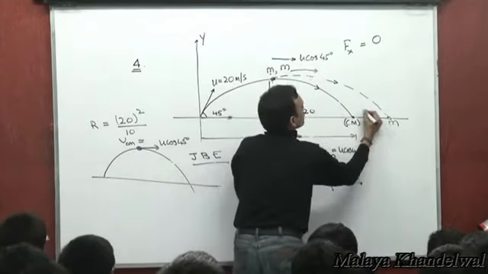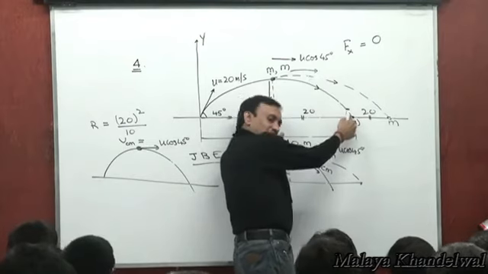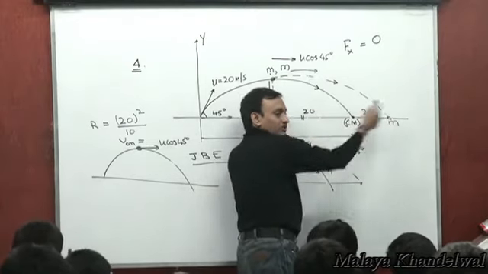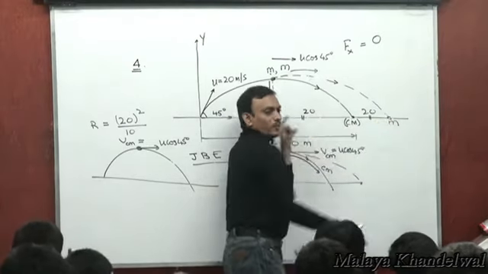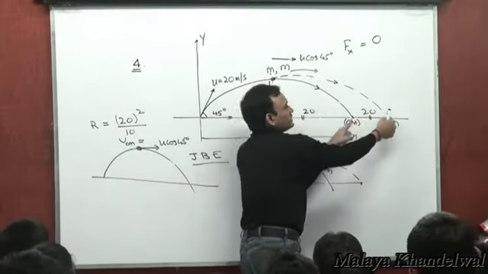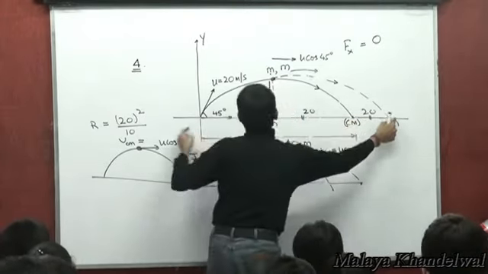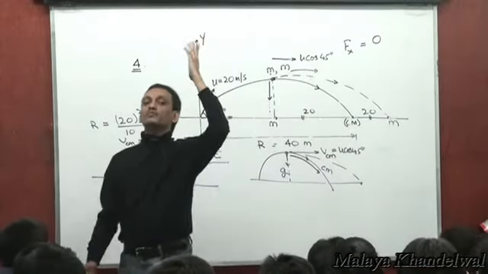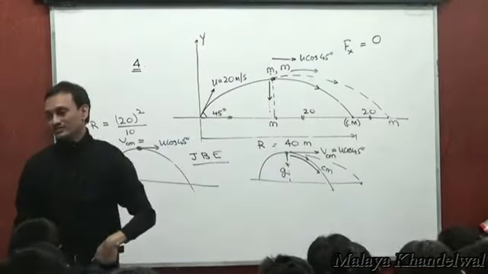Because these are two equal masses, their center of mass will lie exactly halfway between them, yes or no? If there are two masses that are equal, the center of mass will lie exactly halfway between these two. So if this is 20, this had to be 20. So the other mass lands at 40 plus 20, that is 60 meters from the point of projection. Lands at 60 meters from the point of projection, Raghav.